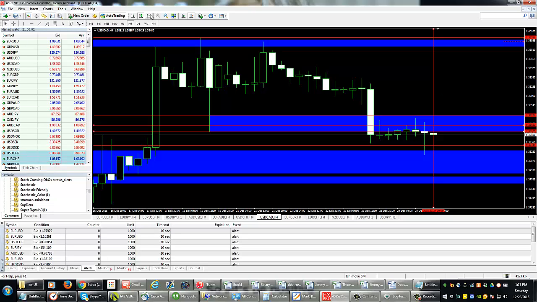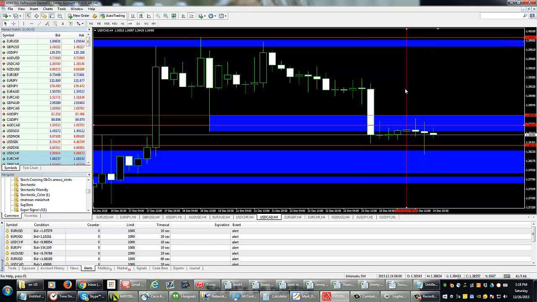So a trade I took on the last trading day, which would have been Thursday, I think. Yeah, I took a trade on Thursday, and I'm trying to remember what the trade actually was. It had to do with a 4-hour close.